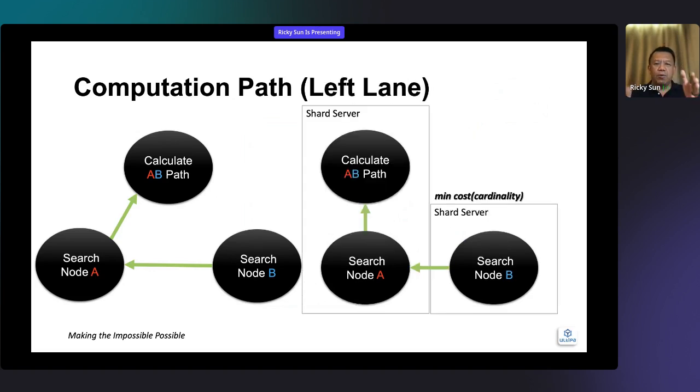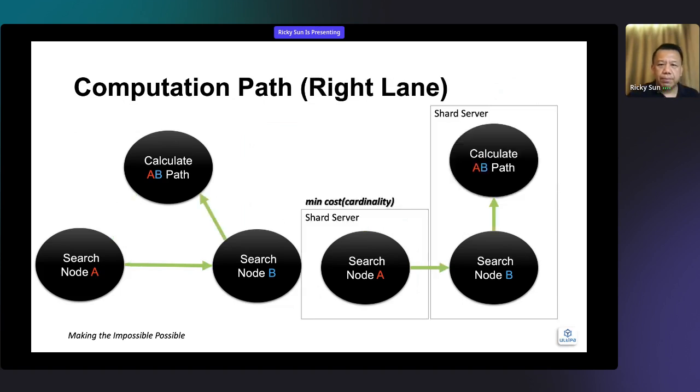When you are migrating from the right-hand side node B to the left-hand side node A, it's called the left plan, right? From the shard server searching for node B, to the shard server handling both the search for node A and also the eventual calculation for the AB path. On the other hand, that's the right plan, left and right. That's how we do things today.